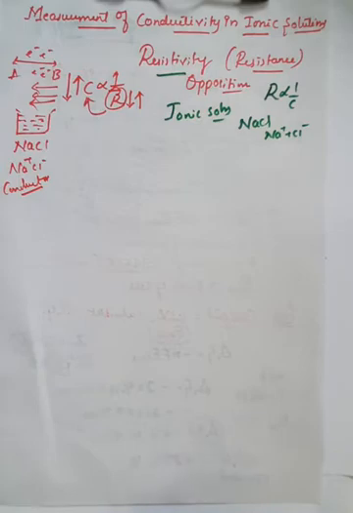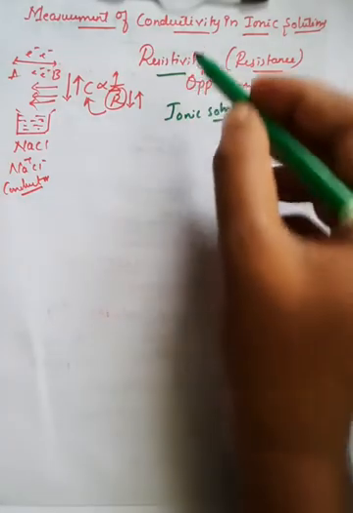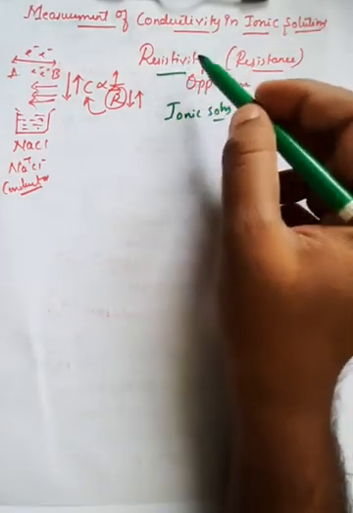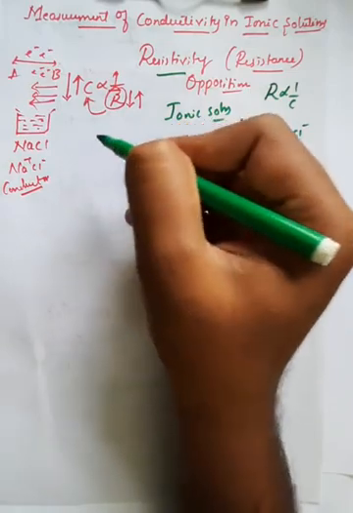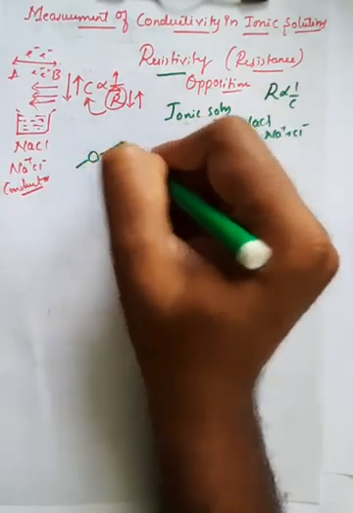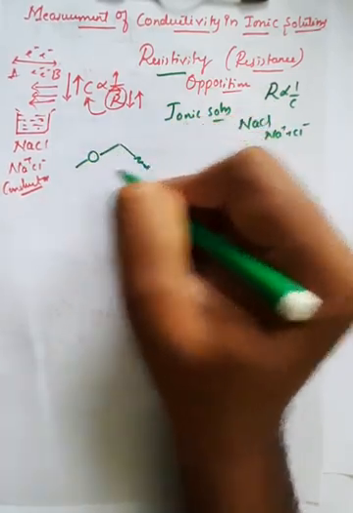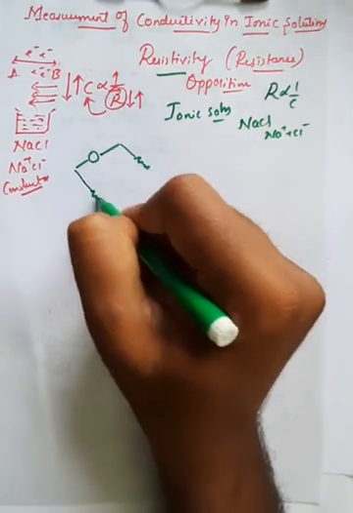In physics, we have learned one experiment for the calculation of resistivity in the case of metals or any substances, which is generally called a Wheatstone bridge, or a Wheatstone network.